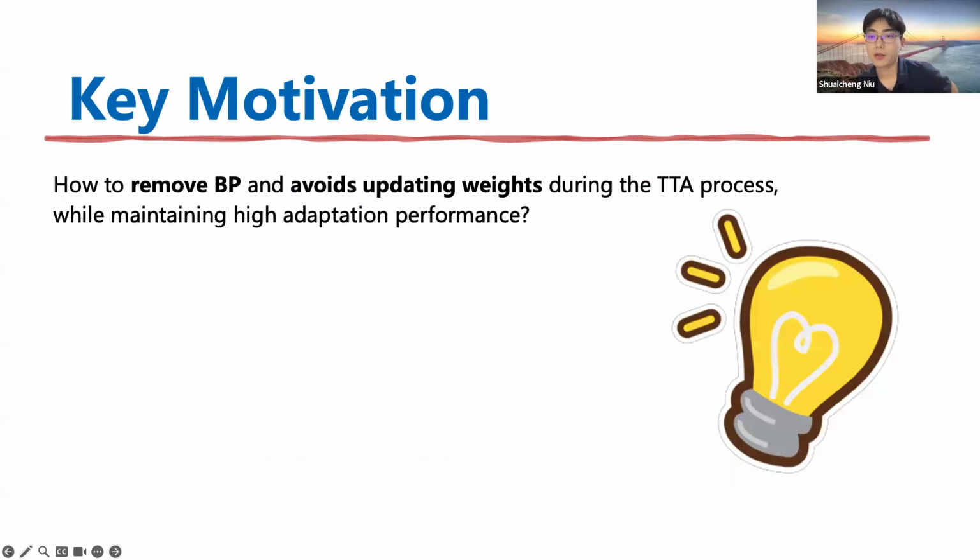So to address this issue, boost the TTA's device versatility, and bridge the gap between the research of TTA and real-world deployment of TTA, in this work, our key motivation is how we can remove the backward propagation process and avoid updating model weights during the TTA process, while keeping the excellent adaptation performance.